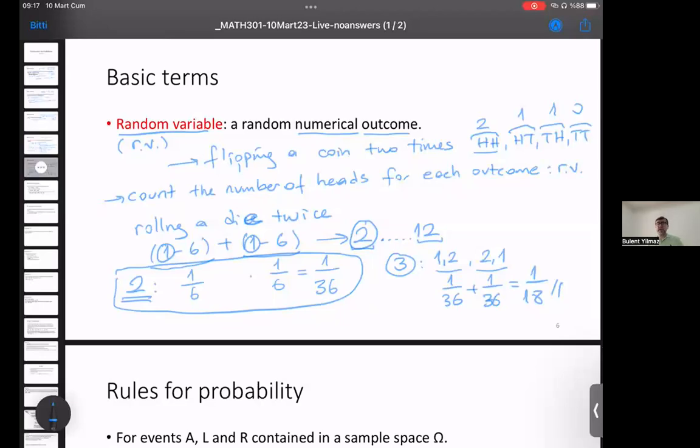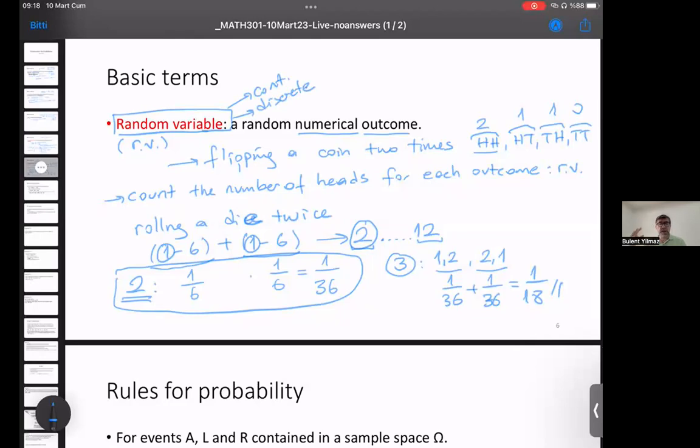So you should be familiar with these concepts, but this random variable is something that we will be talking about in this course. It will be continuous random variables, discrete random variables, and even mixed random variables. But we will mainly focus on continuous and discrete random variables.